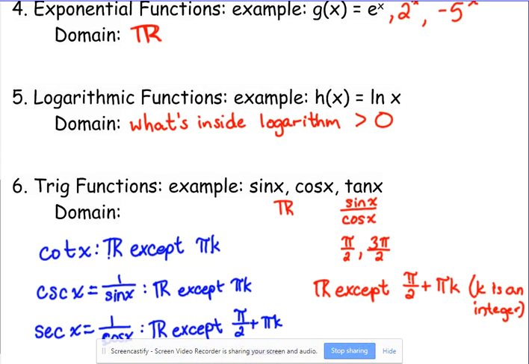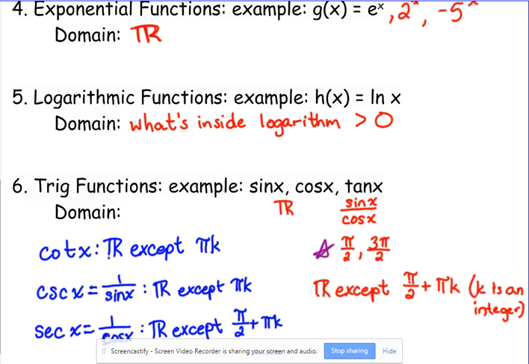Okay, here's the trig functions. Sine and cosine, all real numbers. You're good. You're continuous everywhere. Tangent. Tangent is sine over cosine. So you would have an issue where cosine is equal to 0. Well, where is cosine equal to 0? Cosine is equal to 0 at pi over 2 and at 3 pi over 2.